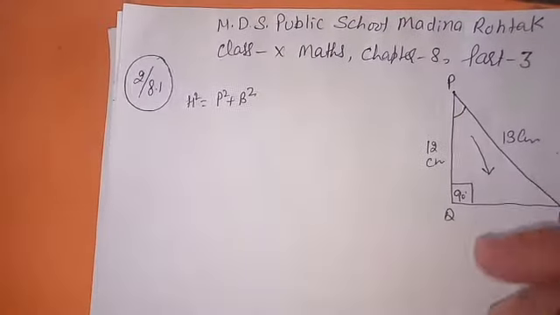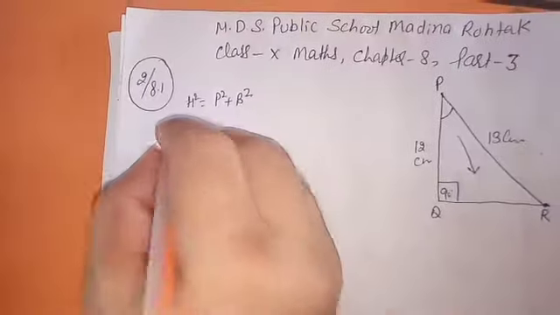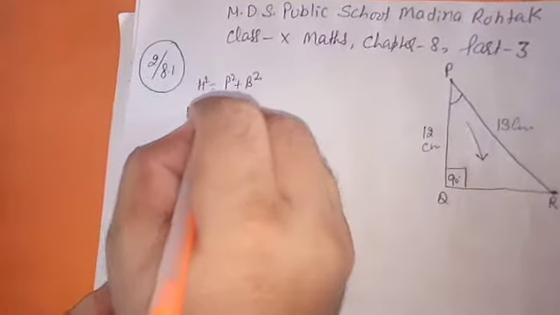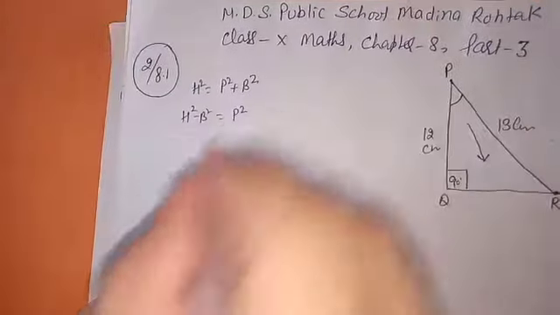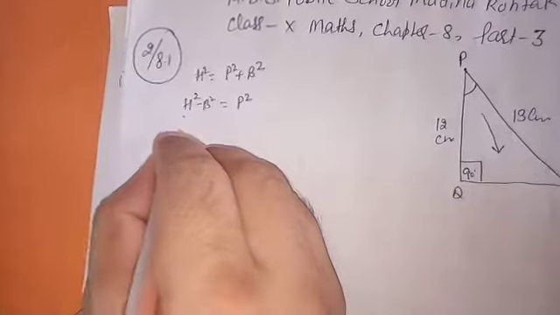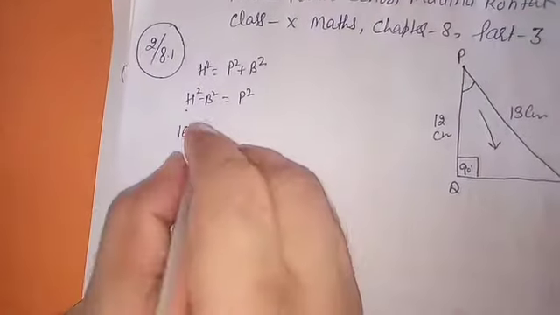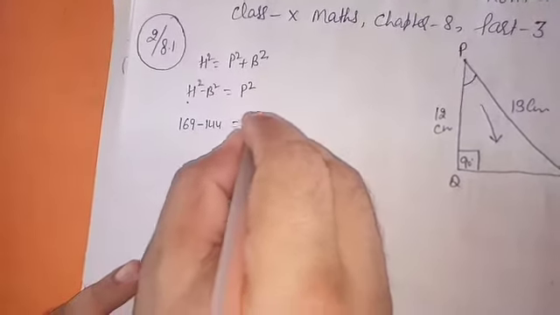So we are taking according to this, later on we can show. H square minus B square is equal to P square. So H square, 13 is 169, minus 12 is 144, is equal to P square.